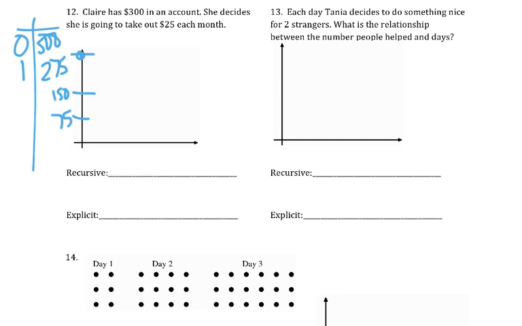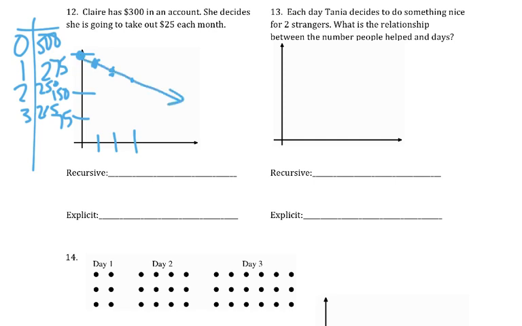So, we started out at 300, didn't we? Okay, so she's got, after 1 month, 275. After 2 months, 250. After 3 months, 225. And so on.